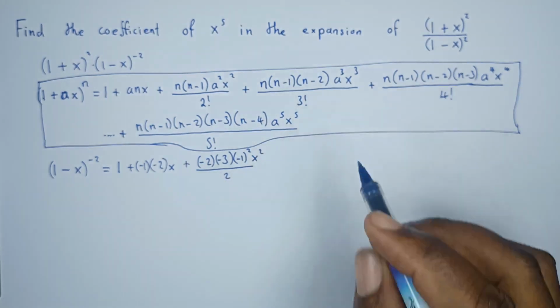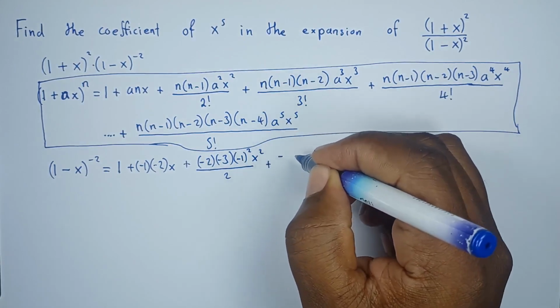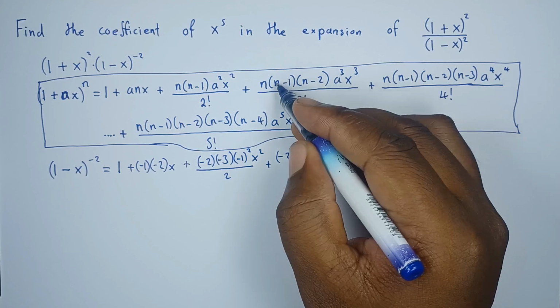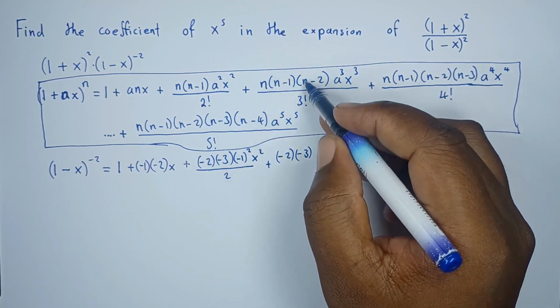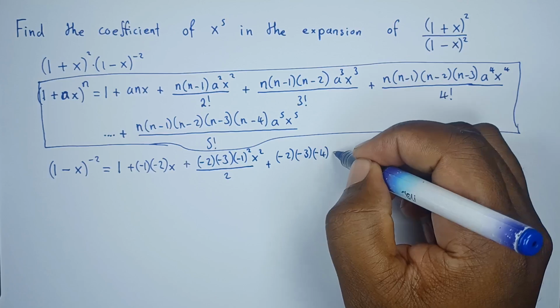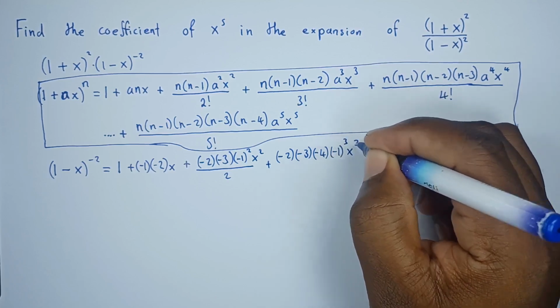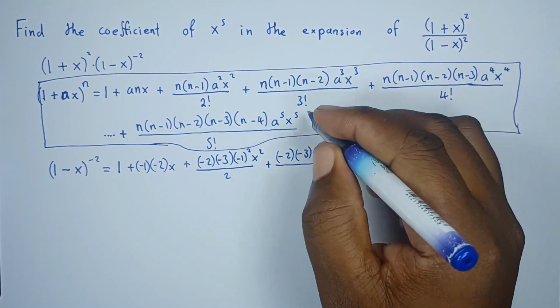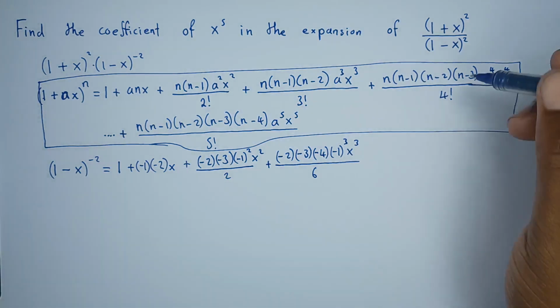Then n is -2, here again -2 minus 1 is -3, here -2 minus 2 is -4, a is -1 raised to the power 3, x to the power 3. All this is over 3 factorial. 3 factorial is 6.